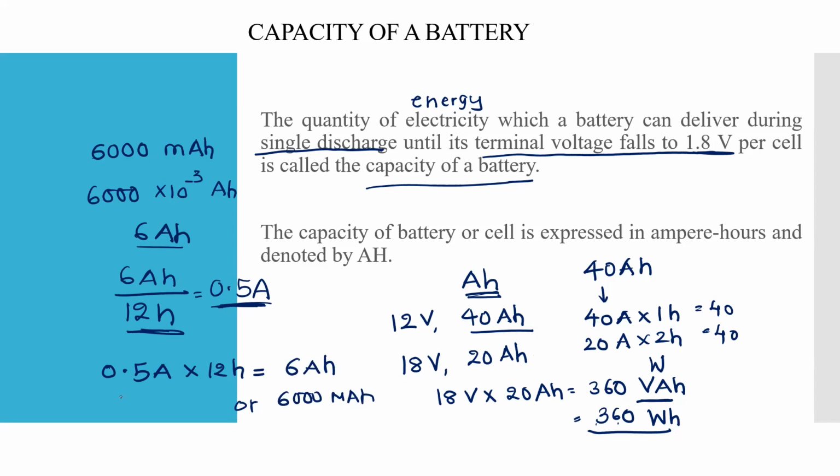So that's how the capacity of a battery is calculated. I hope everybody has the idea of capacity of the battery, because it is frequently asked in many MCQs and in competitive examinations also.